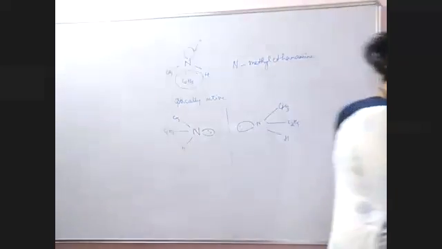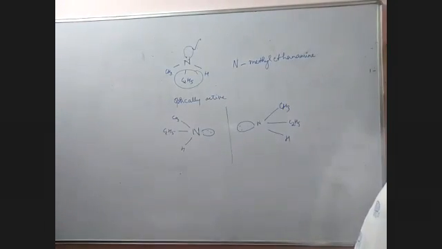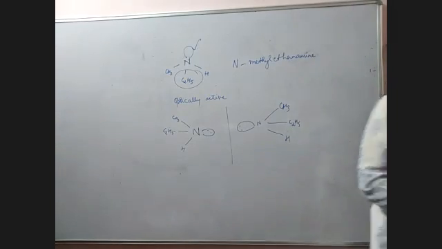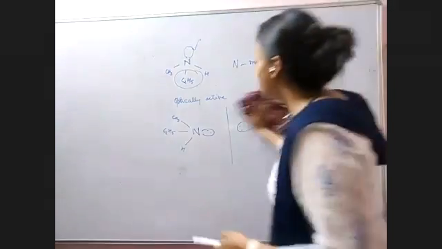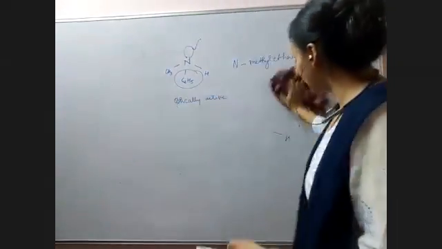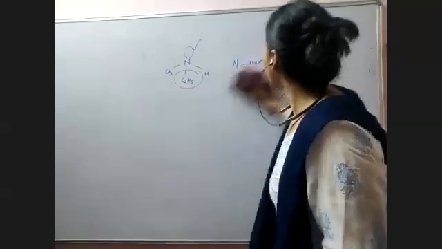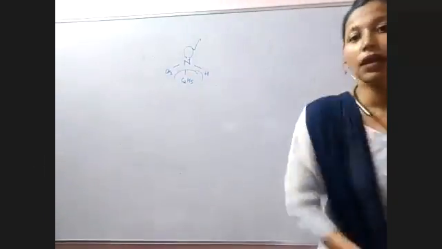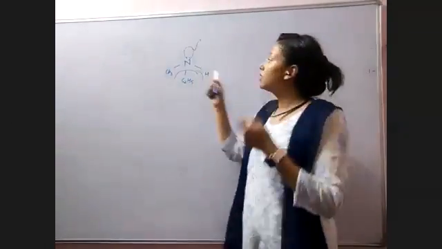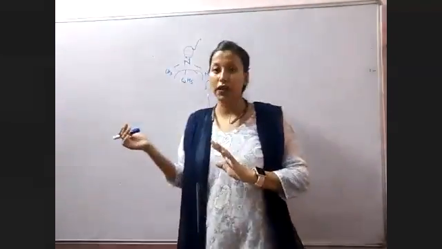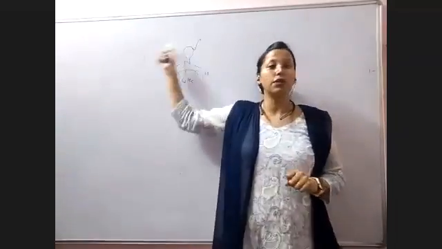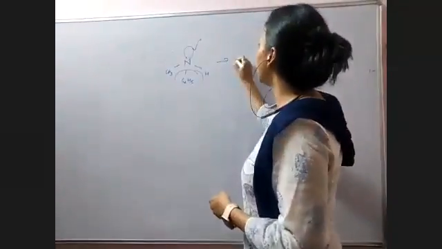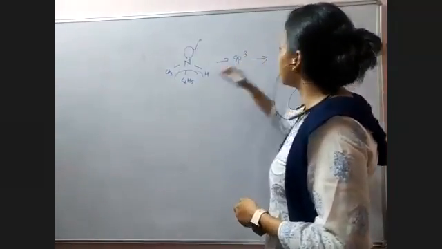Yes. Let's go to the next section. Now, please tell me what is the hybridization of nitrogen in this particular molecule? sp3. Very good. This is sp3 hybridized. इसका shape क्या है?